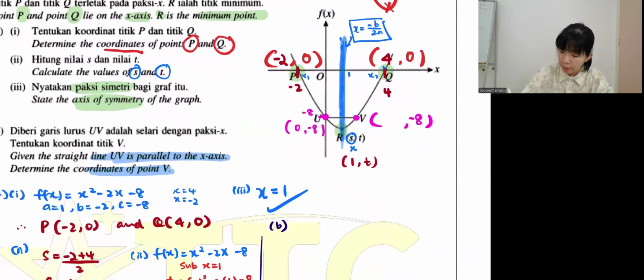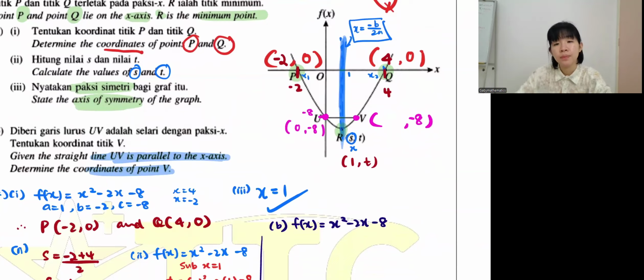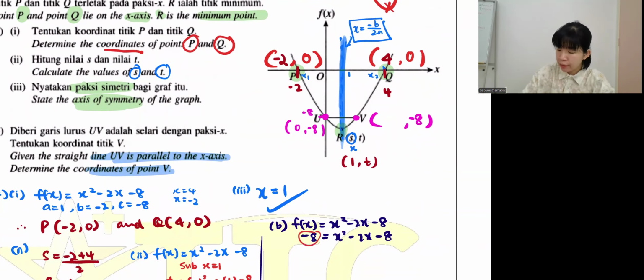Okay, write the function one more time. f(x) equals x squared minus 2x minus 8. We know that y is negative 8. So f(x) of negative 8 equals x squared minus 2x minus 8. On the left hand side and right hand side, both are negative 8, so these cancel away and become 0.